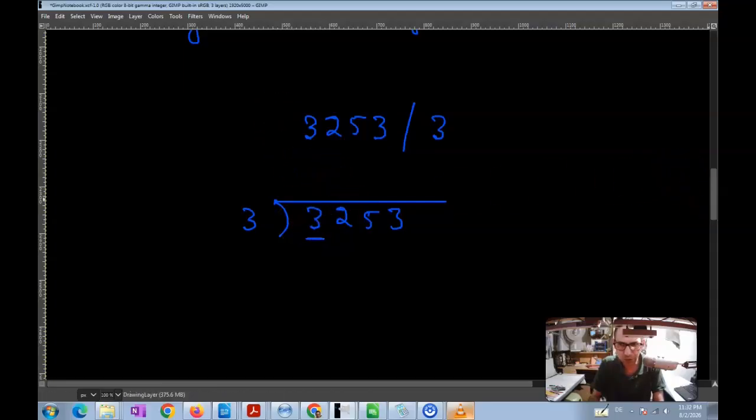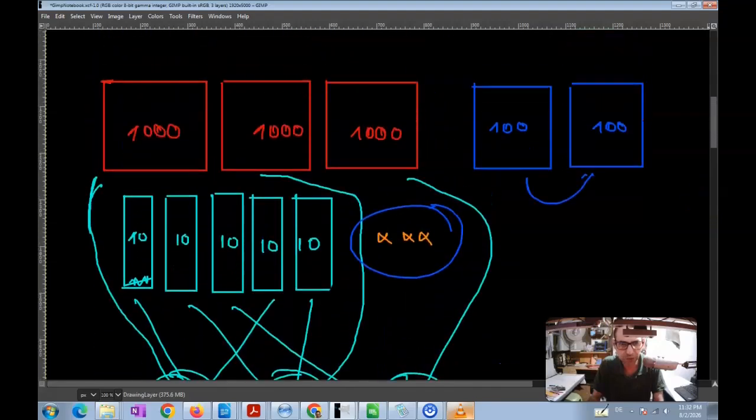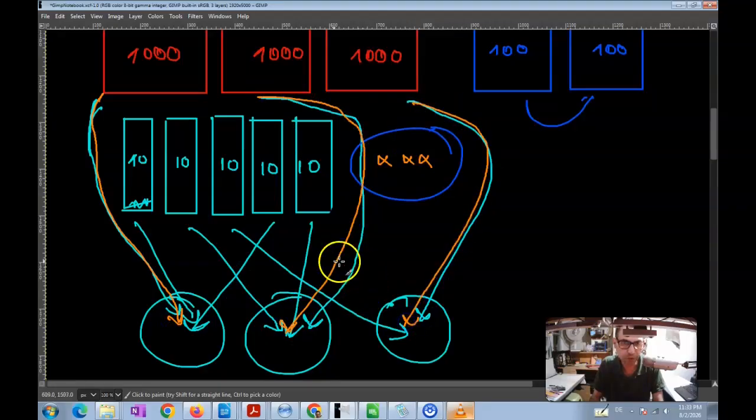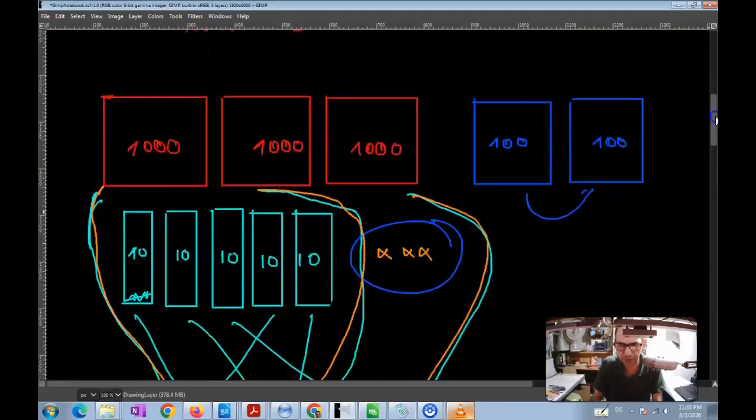Now if I have these 3 groups of thousands over here, and I want to distribute them evenly among these 3 groups, I can just give one of them to this group, give another one to this group, and give the other one to this group, meaning each of the groups is going to get one of these groups of 1000, right?